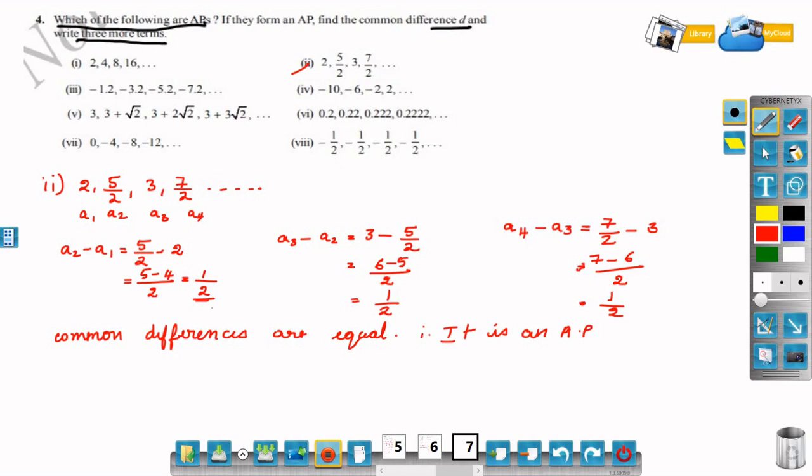The common difference we have found already. That is, the common difference D is equal to 1 by 2. Write 3 more terms of this AP. 2, 5 by 2, 3, 7 by 2.